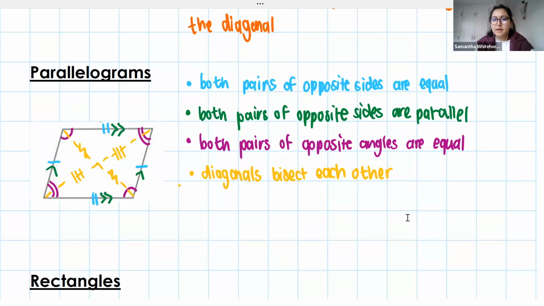Omfa, I see your message. That's absolutely fine, no problem. Okay, so guys, with a parallelogram, again, we now need to start linking it with geometry, parallel lines. What does that all mean?